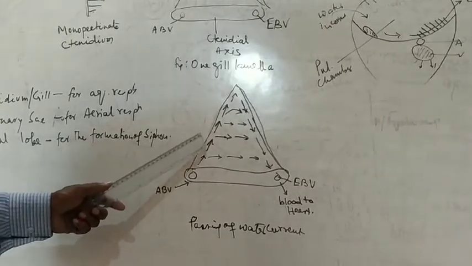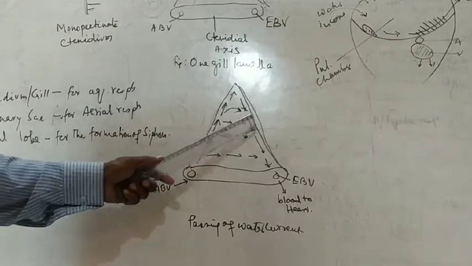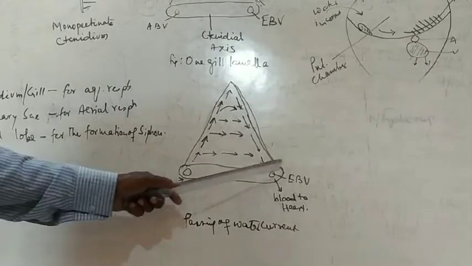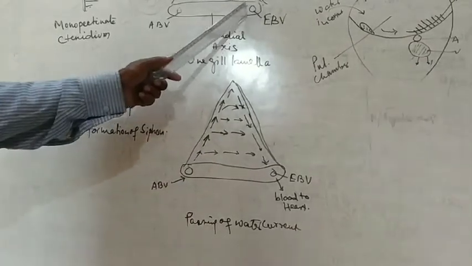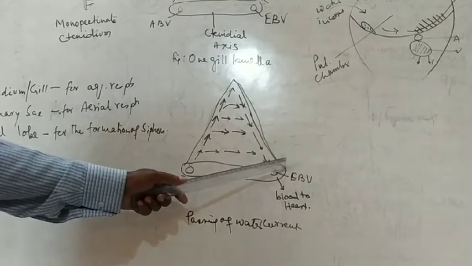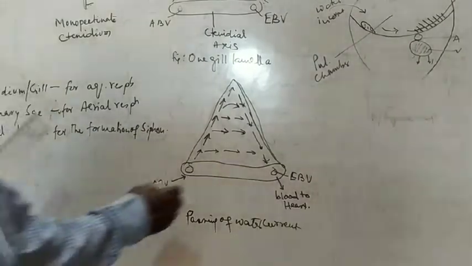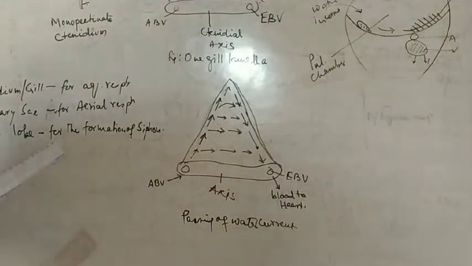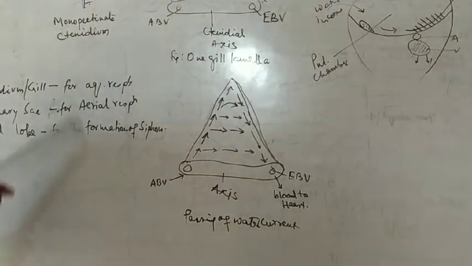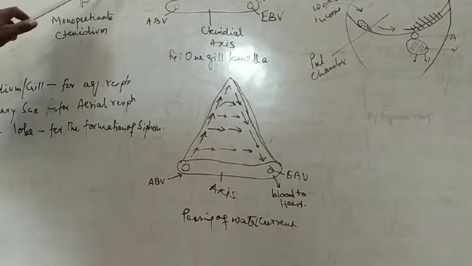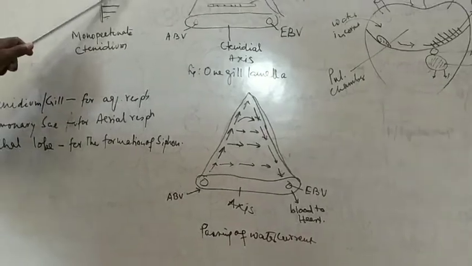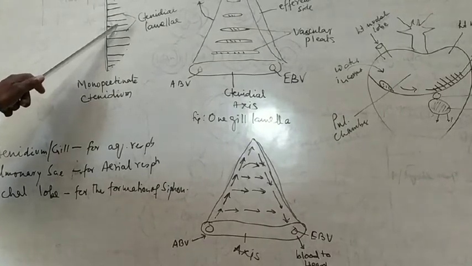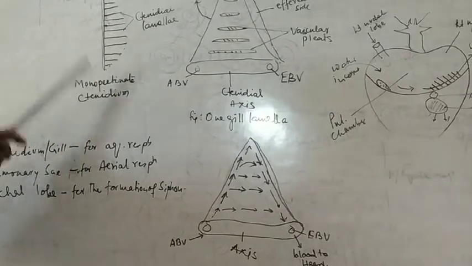Water current also passes from afferent to efferent side in that way. Okay, so these two, which I have told you, are afferent branchial vessels and efferent branchial vessels, and this is the axis, called ctenidial axis. In that way, the lamellae are arranged on the ctenidium. At both ends they are short and in the middle they are long. This is monopectinate ctenidium.